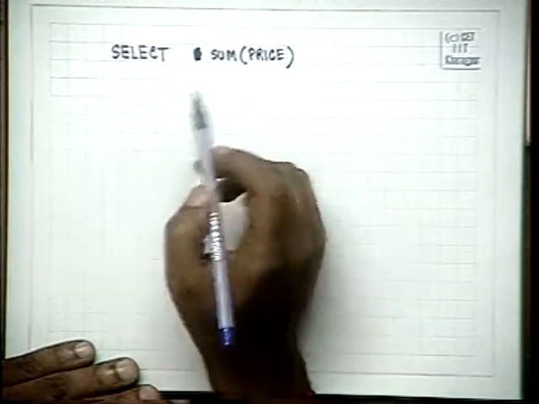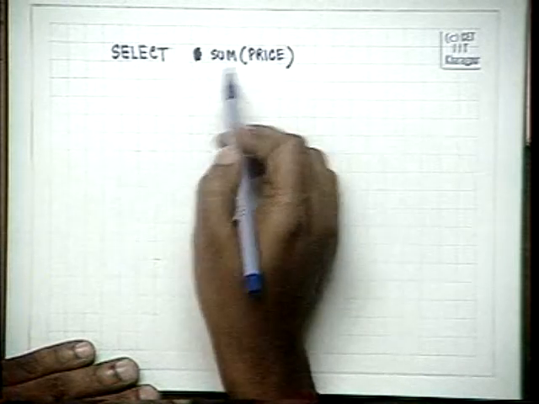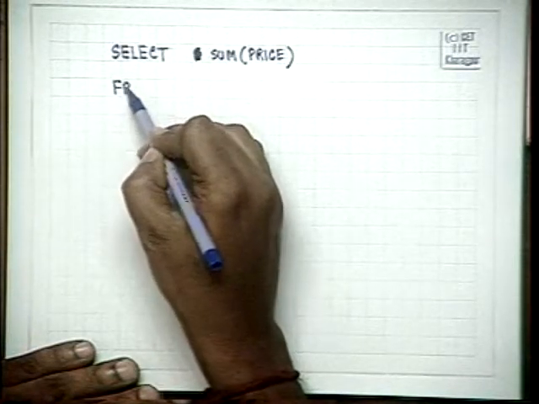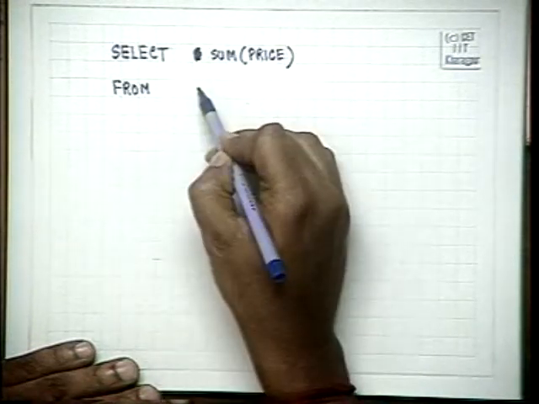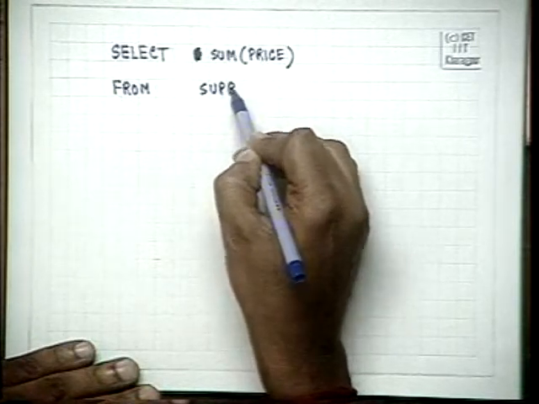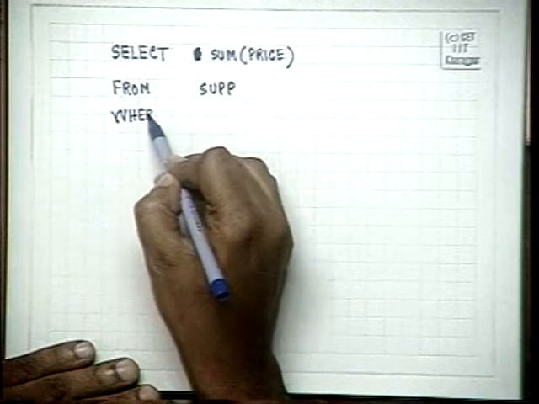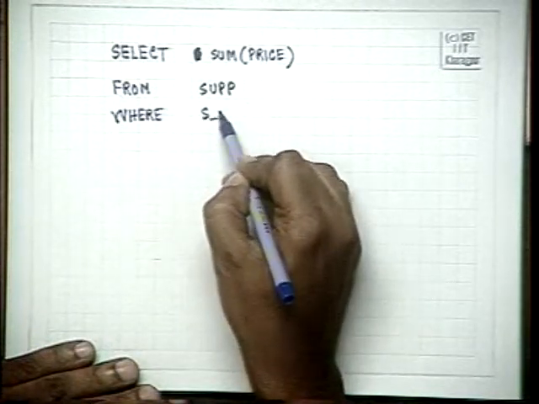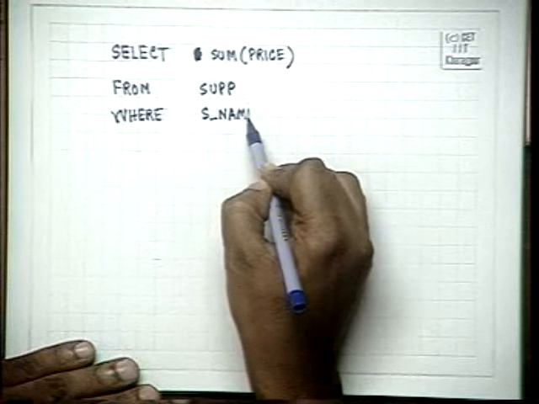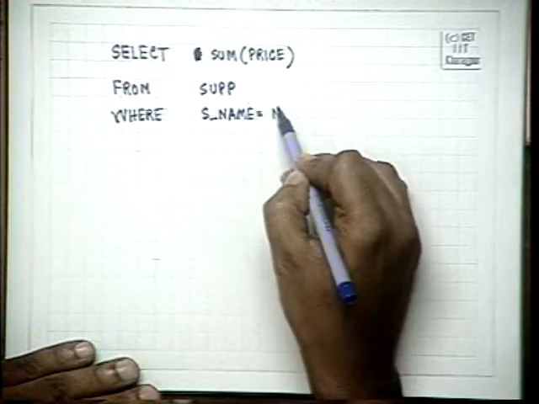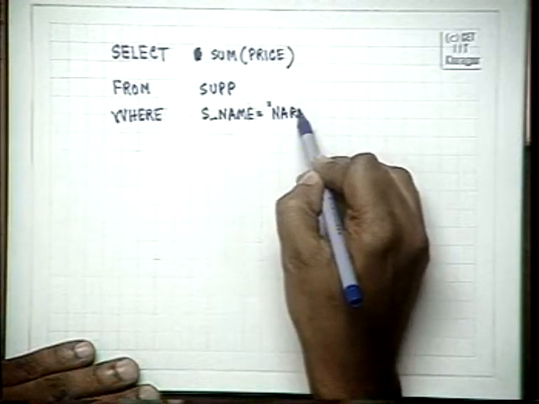You are not going to group them, and you want only one result from sub where S name equal to Narosa.